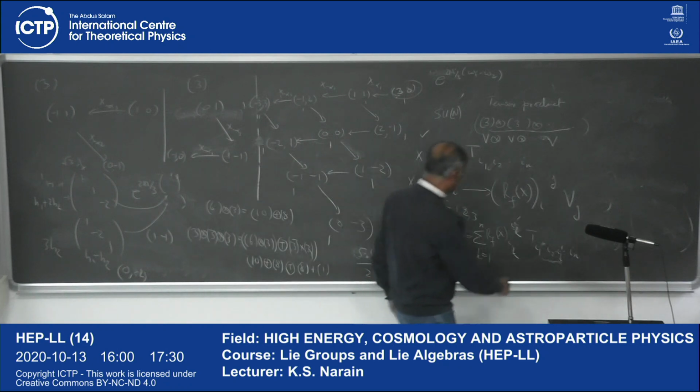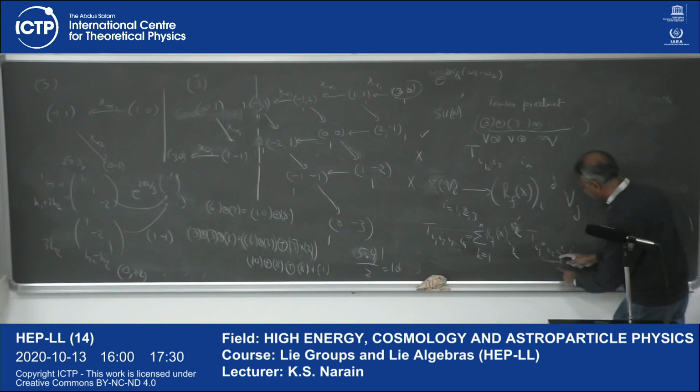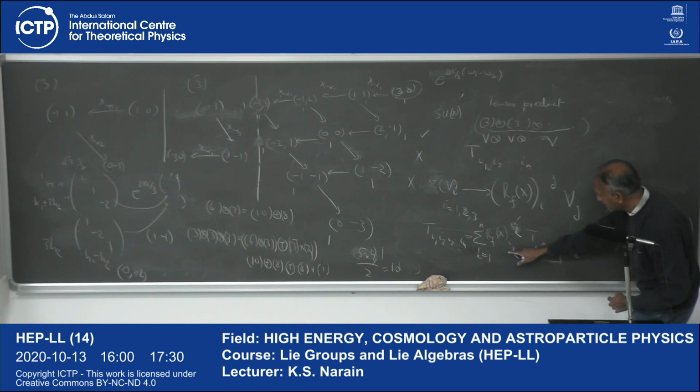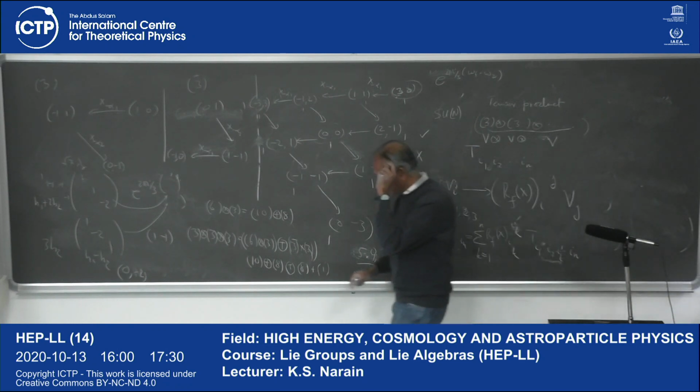This is just saying that this is acting on the kth index, because it's going to be a sum of terms where each time the action is on the first index, or the second index, or the third, not simultaneously. So this kth term is the one acting on the I_k index. So you get I_k prime, and of course these repeated indices, I_k prime, are summed over. So this is the way it is.